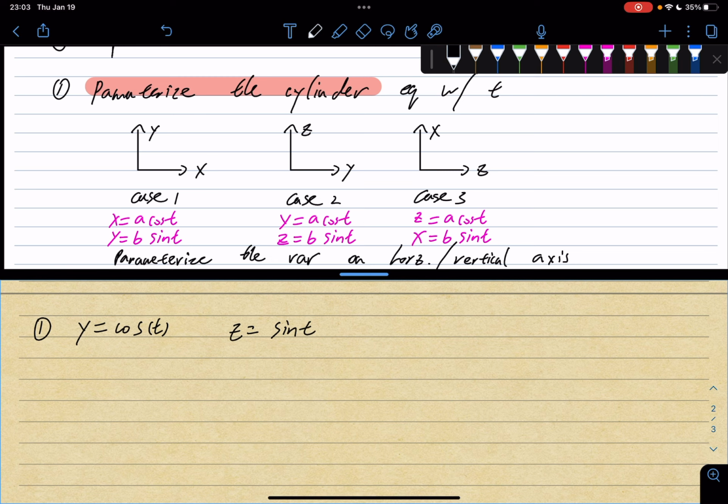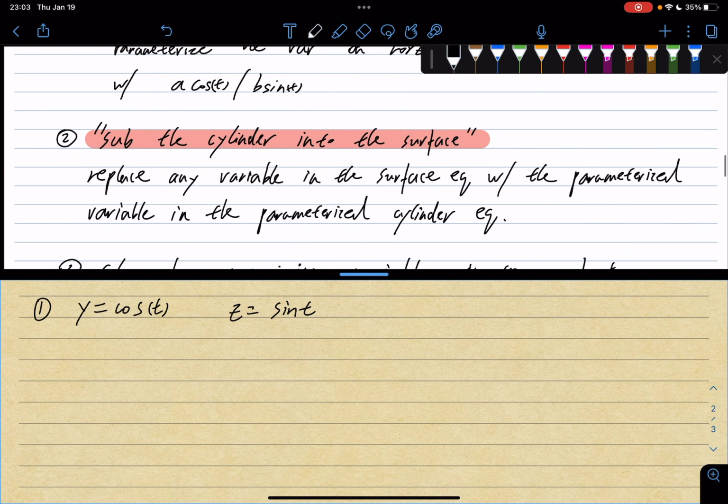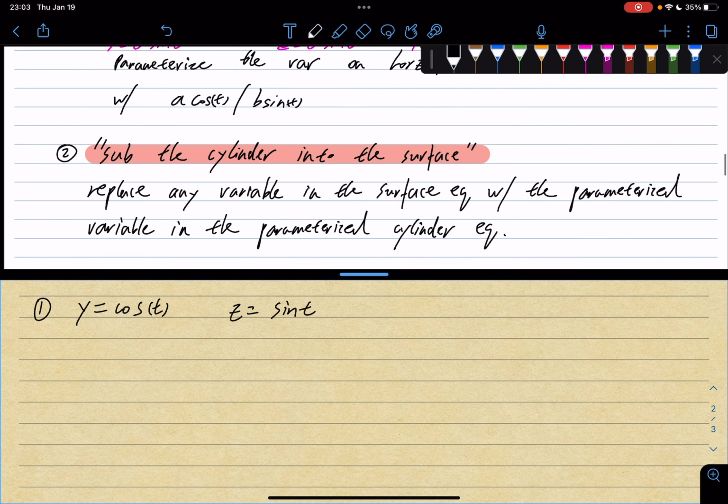Step 2 is what I call subbing the cylinder into the surface. Instead of subbing the curve into the surface, now we are subbing the cylinder into the surface.